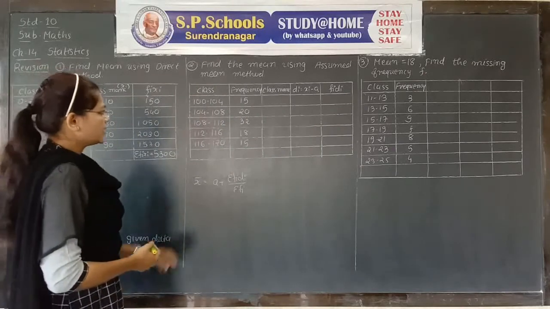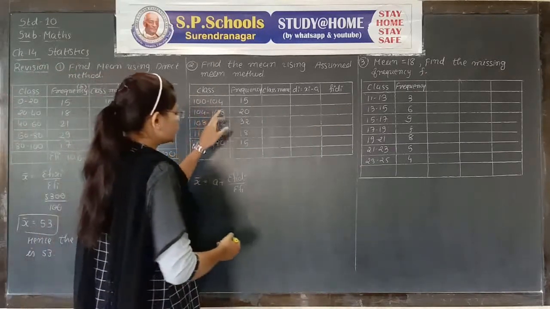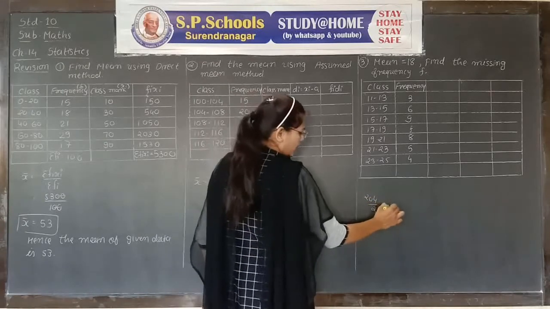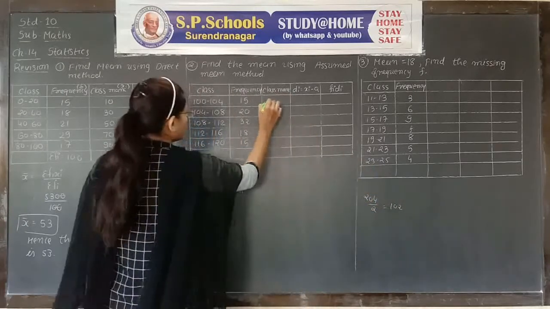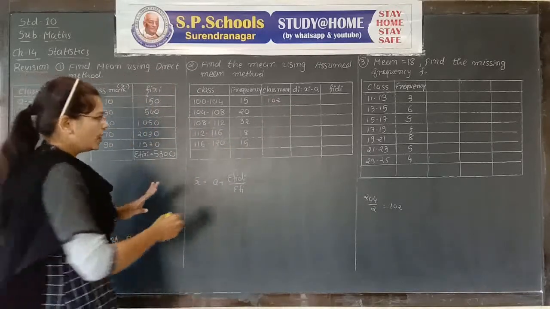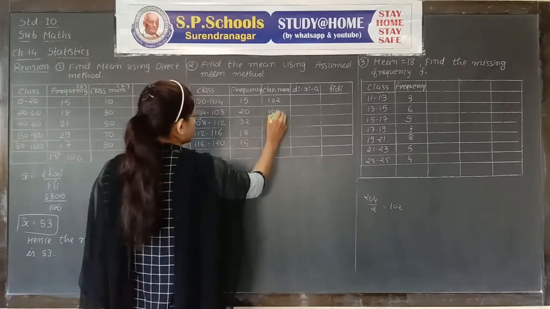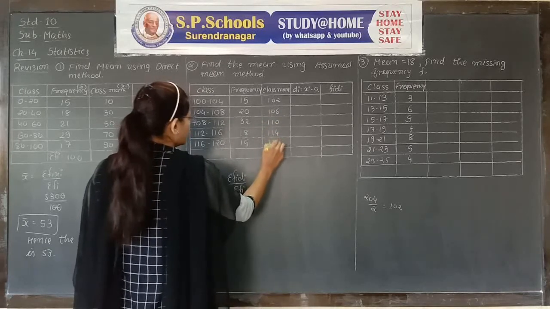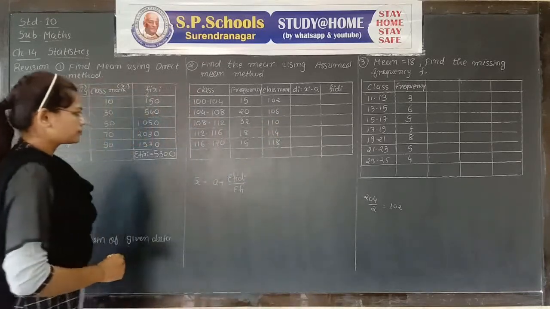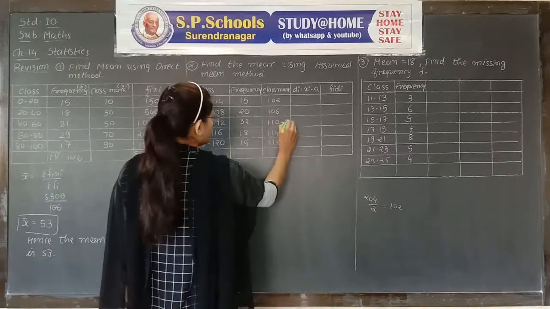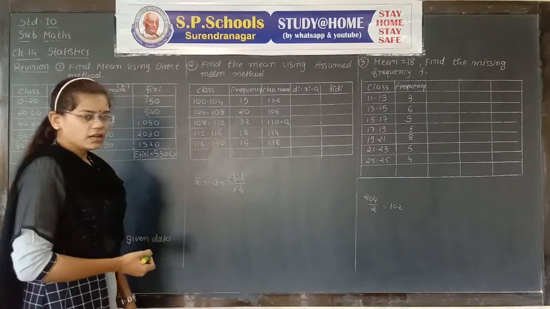To find the class mark, 100 plus 104 divided by 2 gives 102. Here the class size is 4, so by adding 4 we get 106, 110, 114 and 118. Now to find di, first of all assume a from the class marks xi.